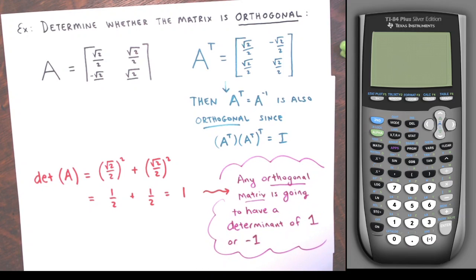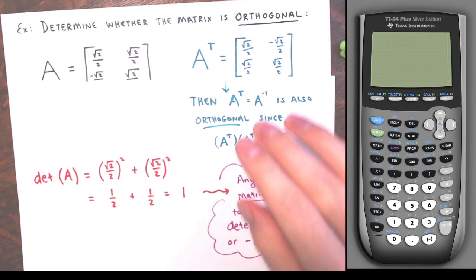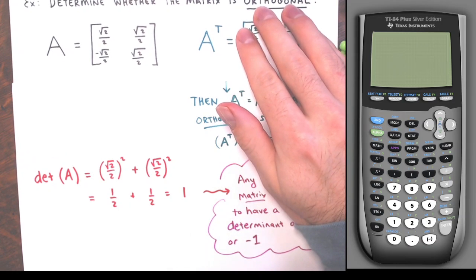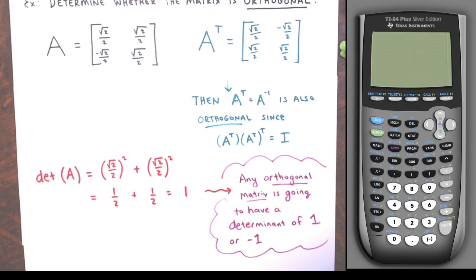All right, now be careful. This does not mean that if a matrix has a determinant of 1 or -1 that it's orthogonal. The other way around is not true. But if a matrix is orthogonal, then its determinant will be 1 or -1. And this tells us something else too.